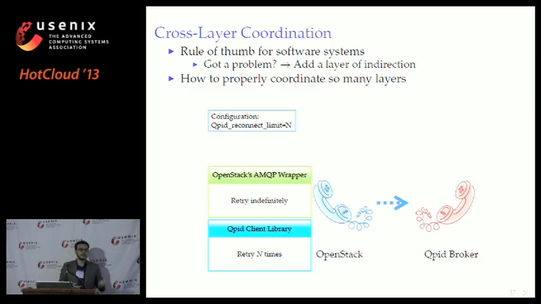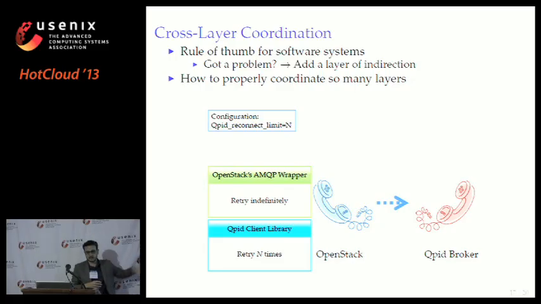The other awkward issue we saw was cross-layer coordination. And maybe this has some bearing on the end-to-end system argument that we've heard so many times, but this was not appropriately respected here.